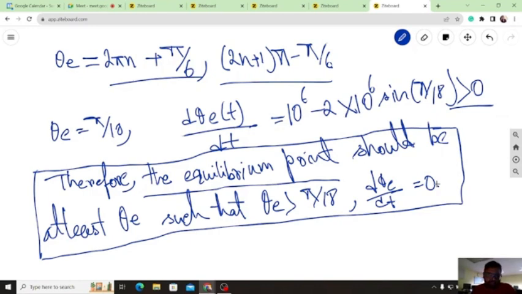So what will be the equilibrium point? It is pi by 6.